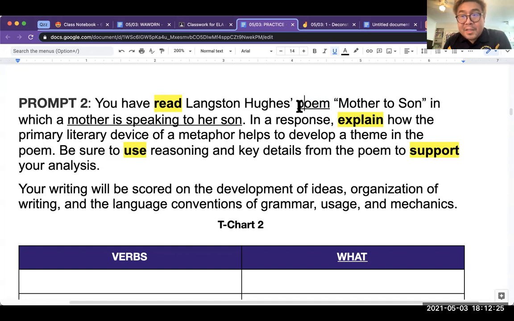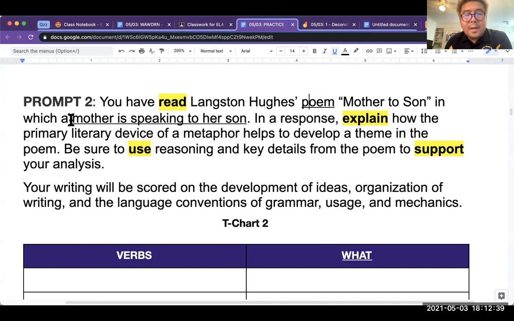And also, I know that fiction is made up. The author writes fiction or narratives to entertain, okay? So the poem is fiction. It's made up. I underlined mother is speaking to her son. Anybody know why I underlined that?